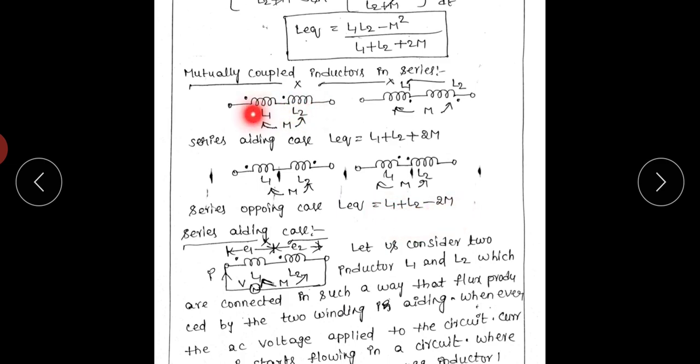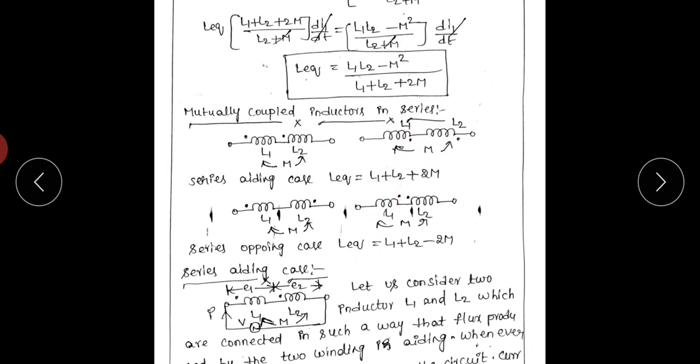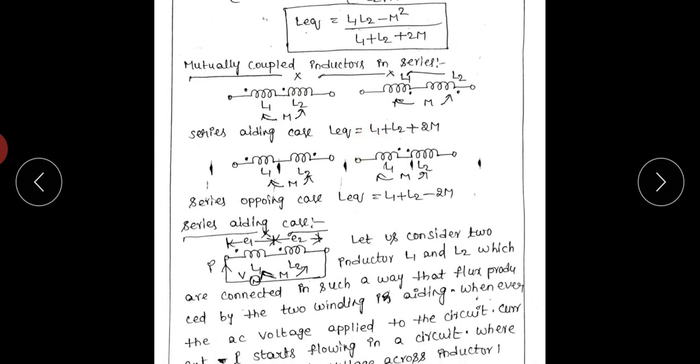Okay, first, this is a series aiding connection. This is also a series aiding connection. Here currents enter both inductors from the second end. Here current enters both inductors from the first end. Here in the first inductor current enters from the first end, in the second inductor current enters from the second end.